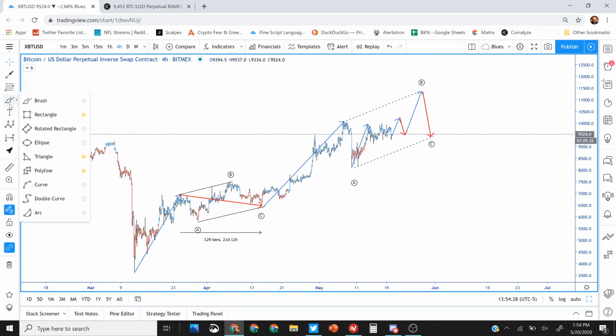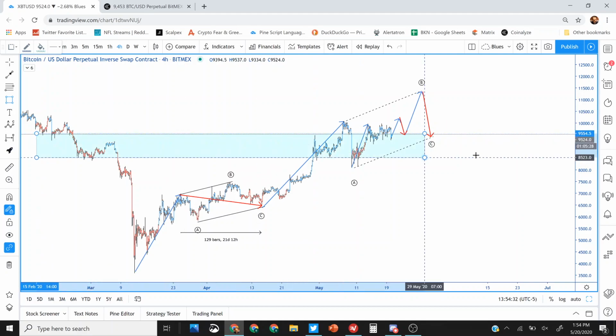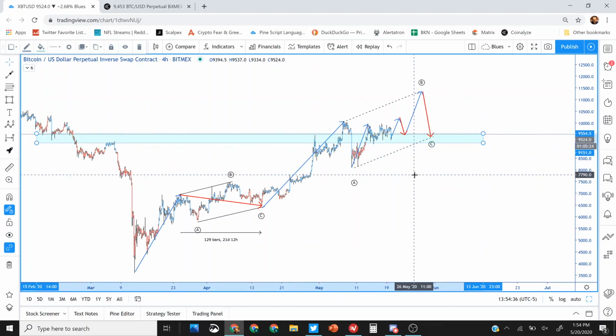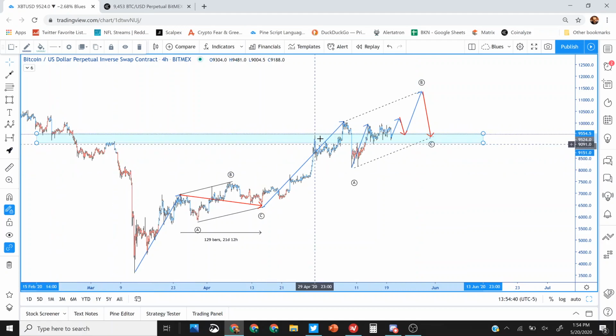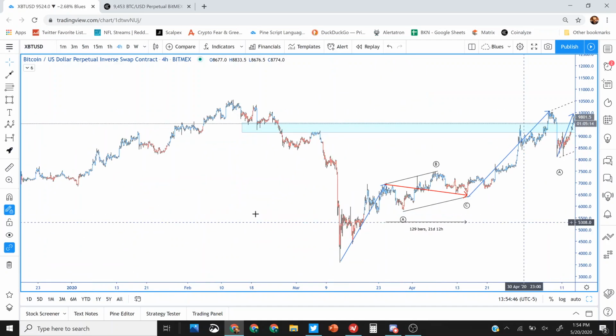For me, I think this is a high probability zone where we've had support there before, resistance, resistance, and now it's starting to act as support. Back test it one more time for support and take off from there.